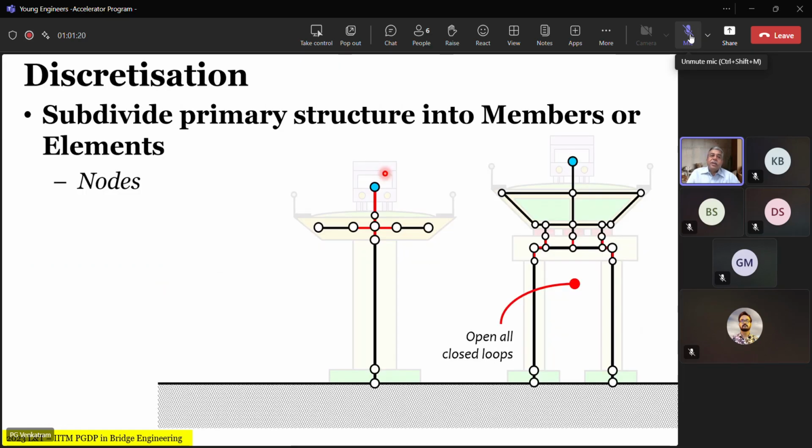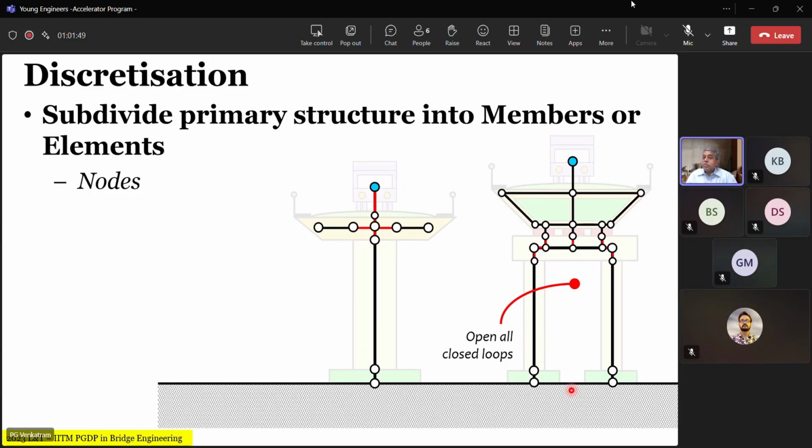Okay. Now, in further discretization, you subdivide the primary structure into members or elements, and you choose nodes. And then, as we have seen earlier, you use the rigid offsets method. Then you should normally not have closed loops. But for example, if you model a box structure with this, there will be closed loops.